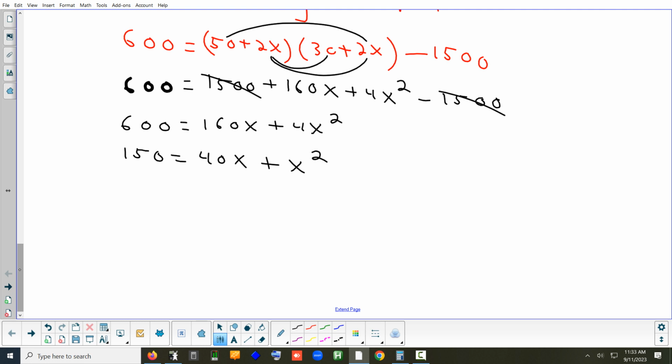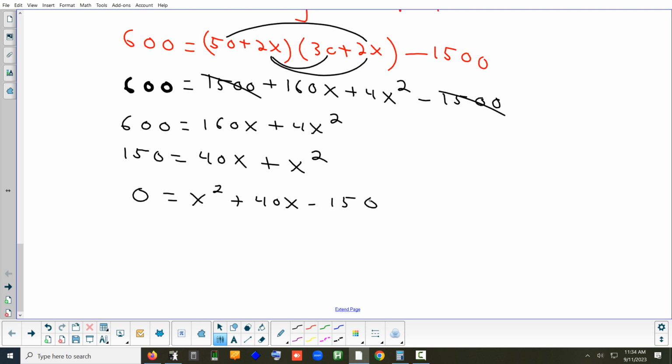Yeah, we usually like to get 0 on one side. So what I would do is just move the 150 to the other side. And I'm rewriting it in what's called descending order. Highest exponent, next lowest exponent, and my constant.